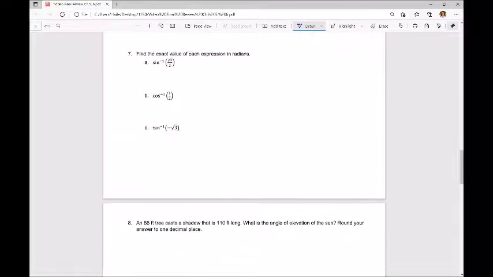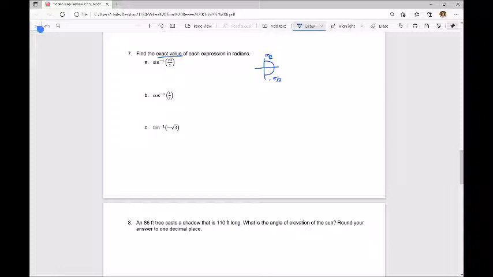Okay, in the next problem, we want to find the exact value of each expression in radians. So once again, this means we're going to have to use our unit circle values. For the first one, we have sine inverse of root 3 over 2. Maybe I should remind you: when we do inverse trig functions that are not dealing with equations, we'll talk about it a little differently in chapter 7, but for the purposes of these problems, remember that for sine inverse, our answers all have to come from the right side of the unit circle, between negative pi over 2 and pi over 2.